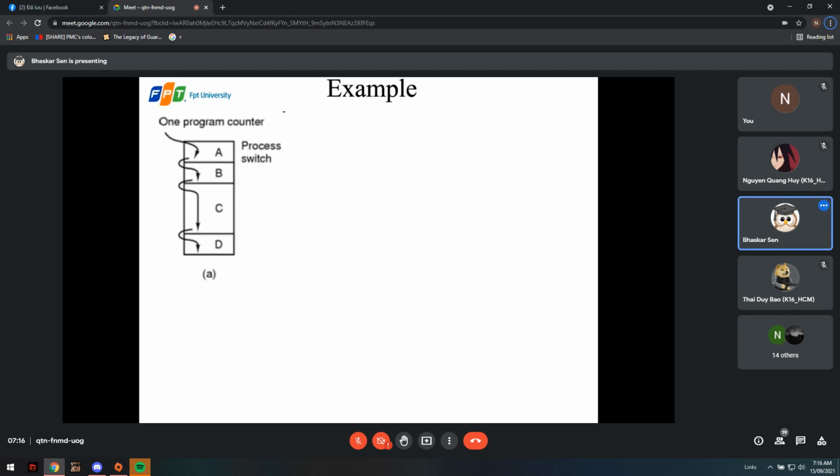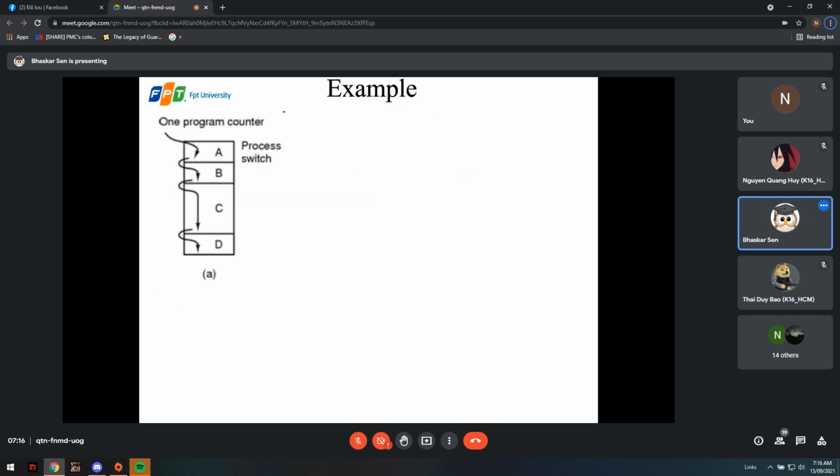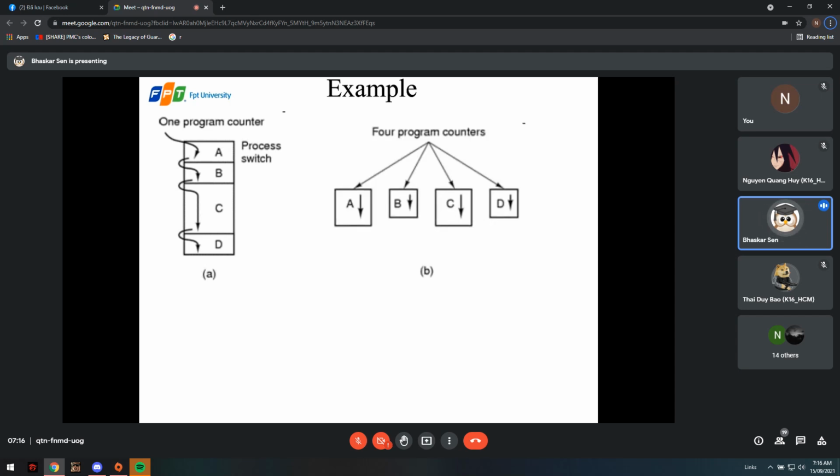If you move on, you can see in the next slide they have given two pictures, the first one and then the second one. These are the two different ways the instructions are implemented.